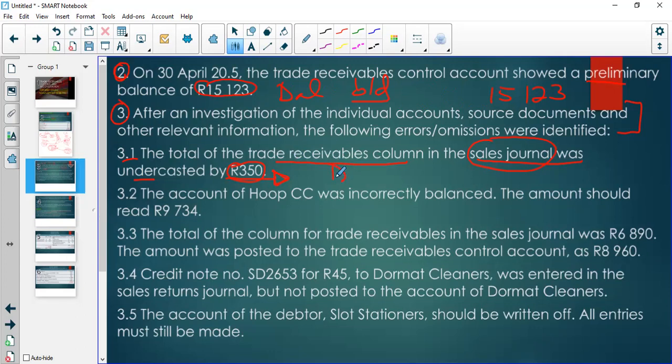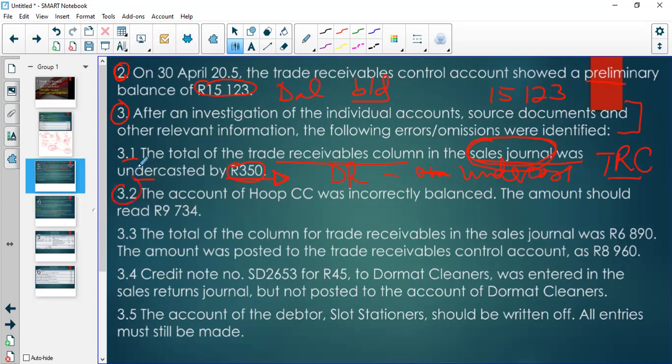So this is going to be a debit, and it's an undercast. Because it's in the sales journal, it doesn't affect an individual. It's just an error of adding up. We cannot say which individual was omitted, because in the list of debtors, all other entries have been done properly. It's just the adding up, and so we have to correct the trade receivables control.